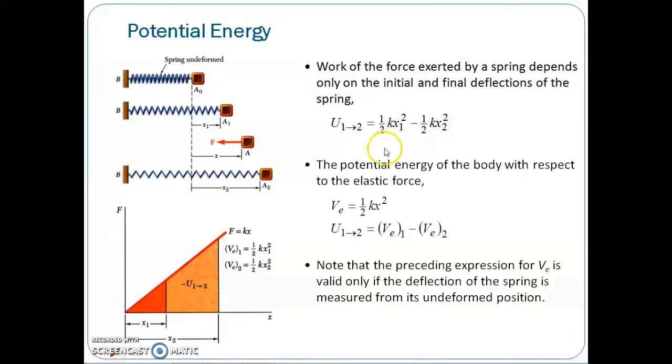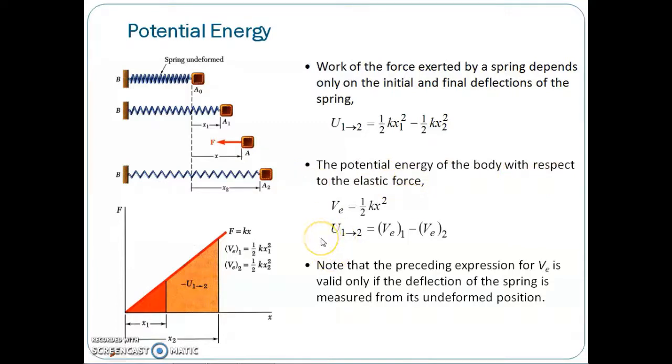You can see that the work of the elastic force is obtained by subtracting the value of the function 1/2 k x squared corresponding to the second position of the body from its value corresponding to the first position. So this function is denoted by Ve and is called the potential energy of the body with respect to the elastic force.